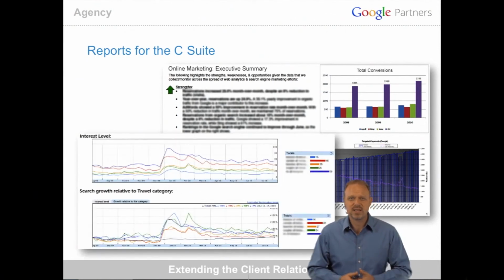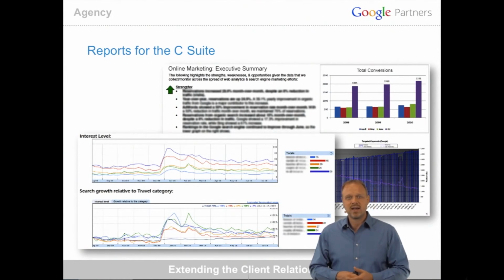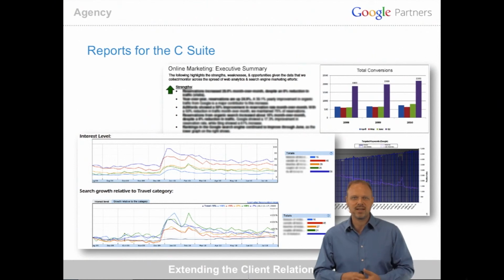Now, another thing that we like to include oftentimes is comparative data. While benchmarking is a very controversial way of reporting and has as many detractors as there are supporters, one thing that's really interesting is you can compare your particular client against some of their competitors. And you can do that with something as simple as a Google Trends report.